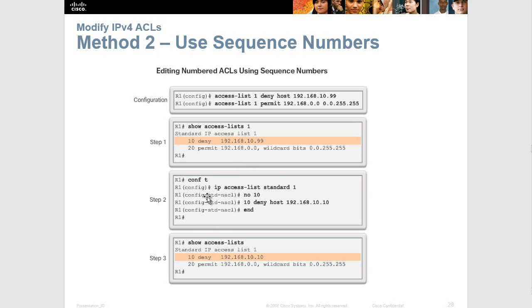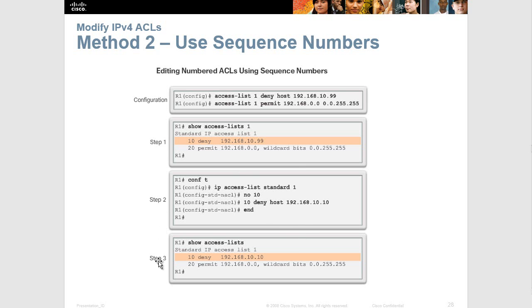And once we're into that prompt for a standard access list, standard named access list, I should say, we can say we don't want any 10, so go no 10, 10's gone. Okay, then we can create a new 10, deny host, this host instead, and we're good to go.